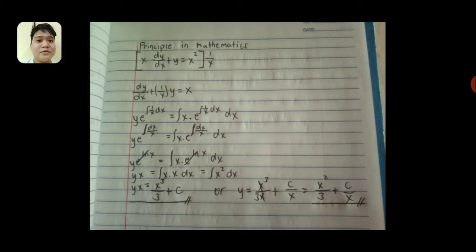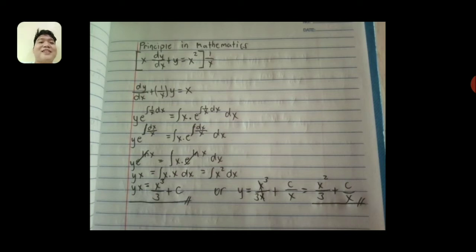So the standard form right now is dy over dx plus 1 over x times y equals x. Because we multiplied both sides, the x cancels out on both sides, and on the other side x squared becomes x.